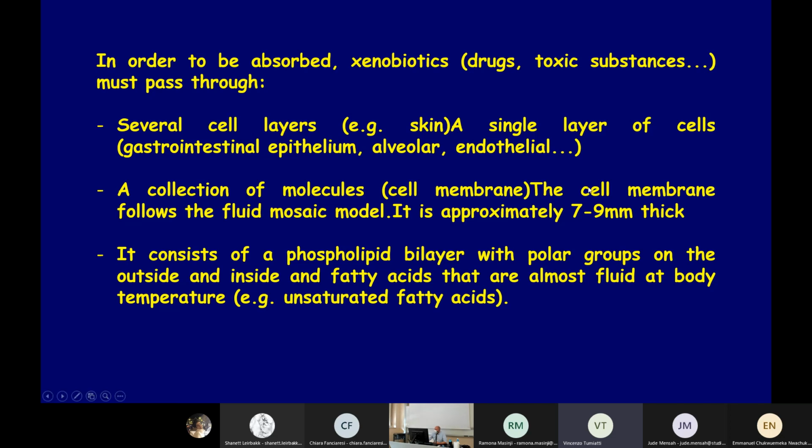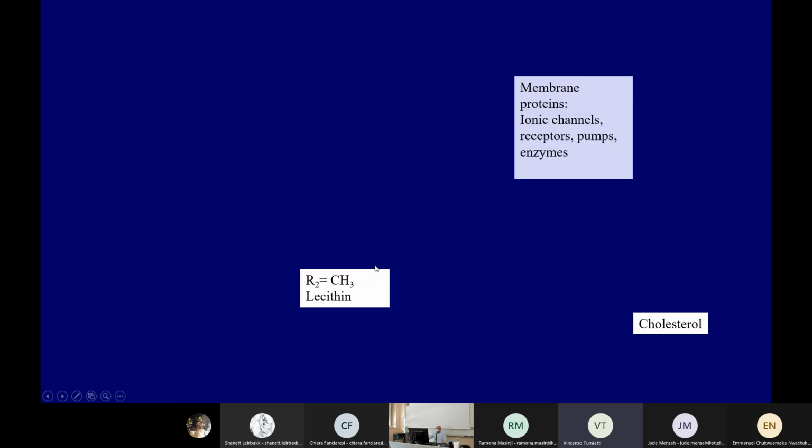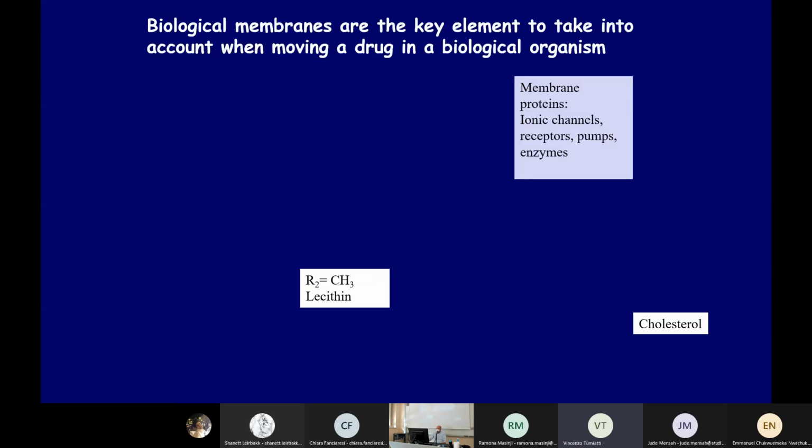You see the cell membrane follows the fluid mosaic model, 7 to 9 millimeter thick, micrometer, sorry. And you know, it consists of a phospholipid bilayer, you see here in the picture.